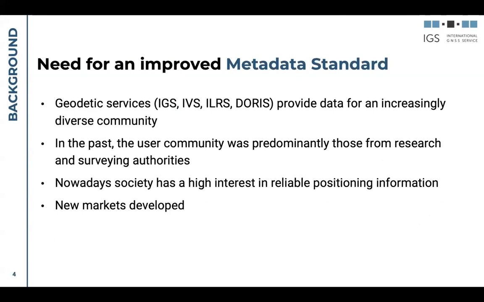Why do we need an improved metadata standard? Geodetic services provide data for an increasingly diverse community. In the past, the user community was predominantly those from research and surveying authorities. But nowadays, society has a high interest in reliable positioning information, and of course, new markets developed.